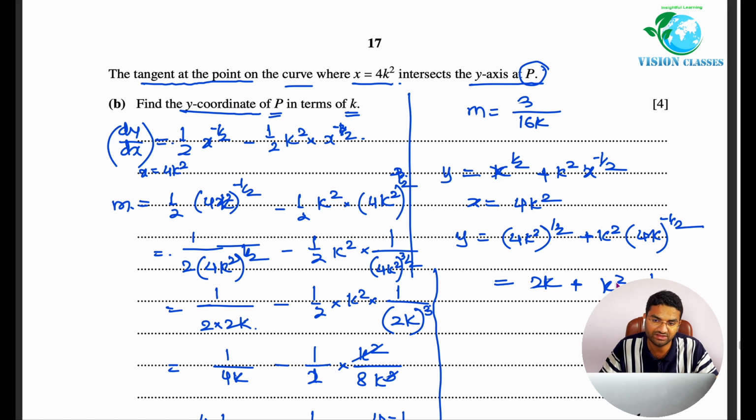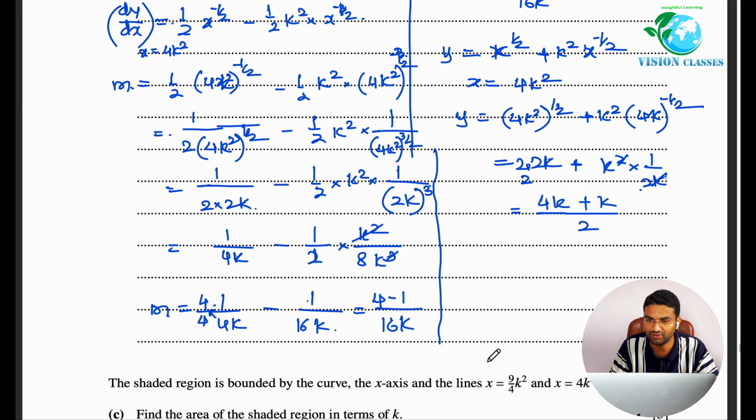Here the k gets cancelled out, and if we multiply 2k by 2 over 2, it will be 4k plus k, divided by 2. So the y value you will get is equal to 5k by 2, right?